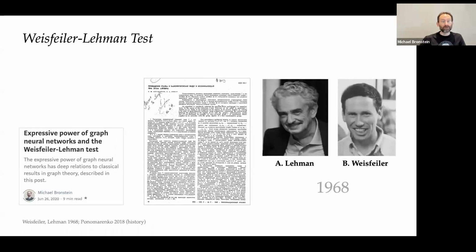So as I mentioned, graph neural networks are intimately related to the Weisfeiler-Lehman test. So it's already a classical algorithm that was developed by Andrei Lehman and Boris Weisfeiler, two Soviet mathematicians in 1968. And this is an algorithm that attempts to test whether two graphs are isomorphic, or in other words, they have the same connectivity up to the reordering of their nodes.